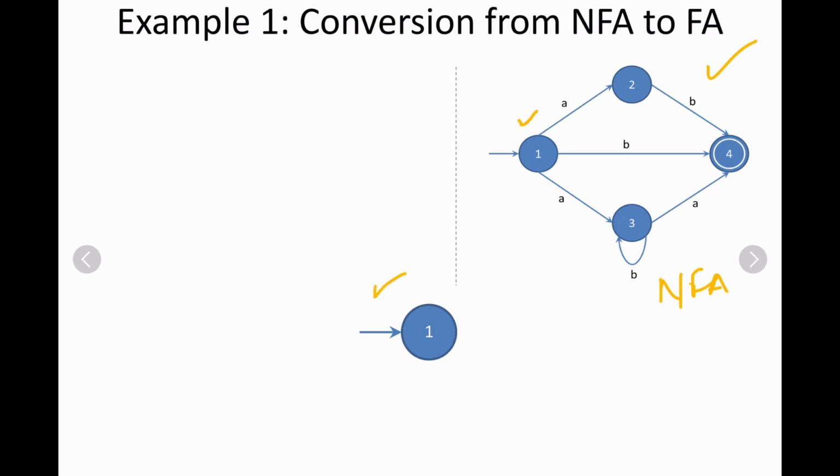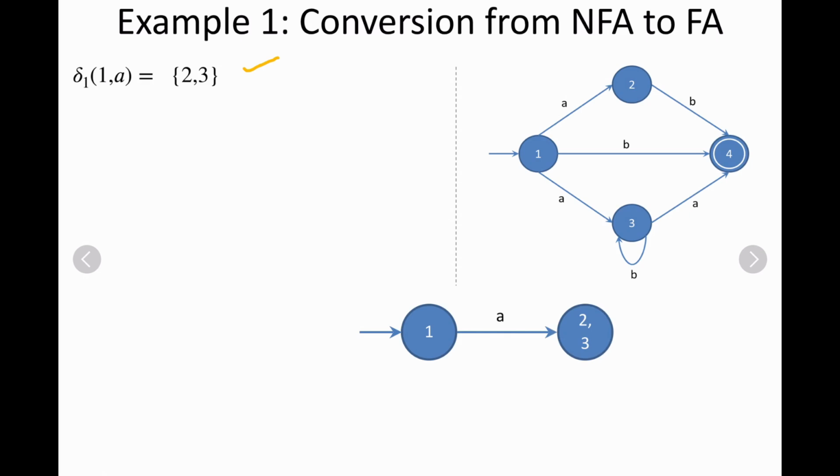Okay. Now from this you need to find the transitions. Delta of 1 on A goes to 2 as well as 3. So delta of 1 on A you will get {2, 3}. For that you have to construct {2, 3} as one more state.